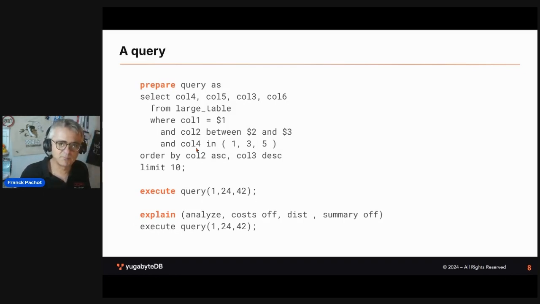So you can already guess that we will cover indexing for those different cases because maybe you don't need the same indexes for equality and inequality, but more important, the order of the columns in a single index may be different depending on that, and this is what we will see. You can see that I've also an order by on column 2 and column 3 and a limit there.